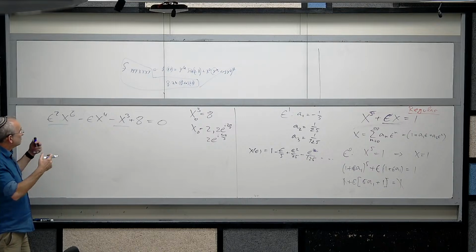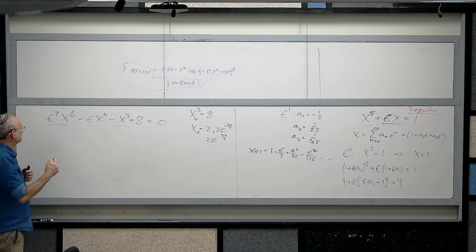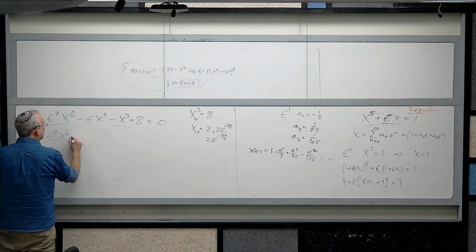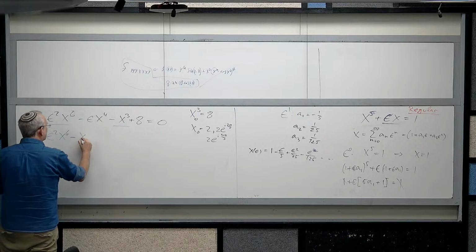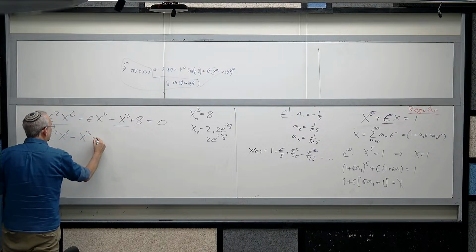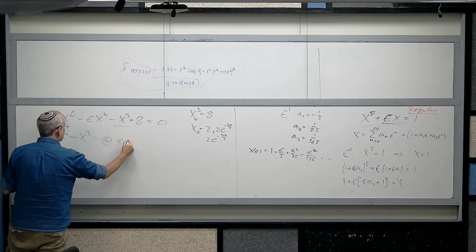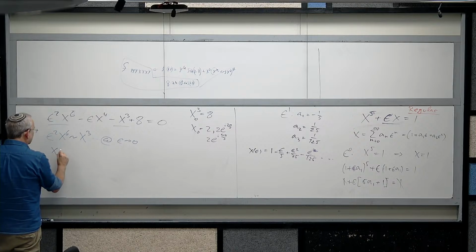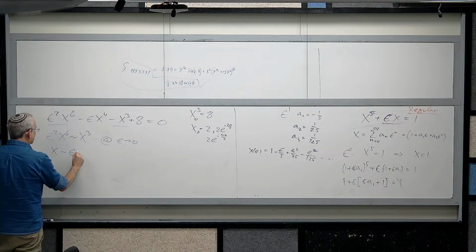So first of all, let's assume that this is true. If this is true, then epsilon squared x to the 6 minus x cubed is asymptotic to x cubed as epsilon goes to 0, which implies that x is asymptotic to epsilon.